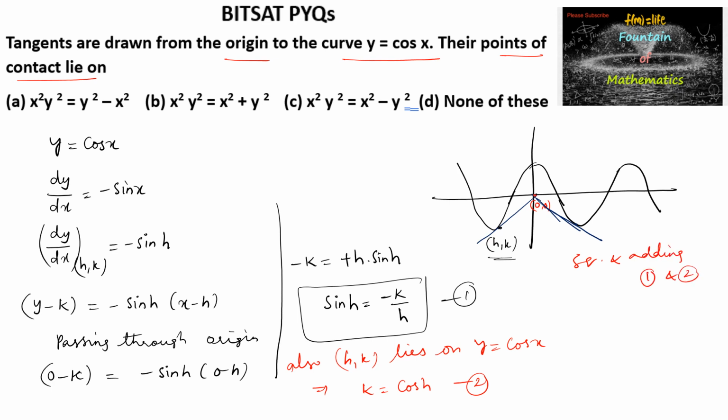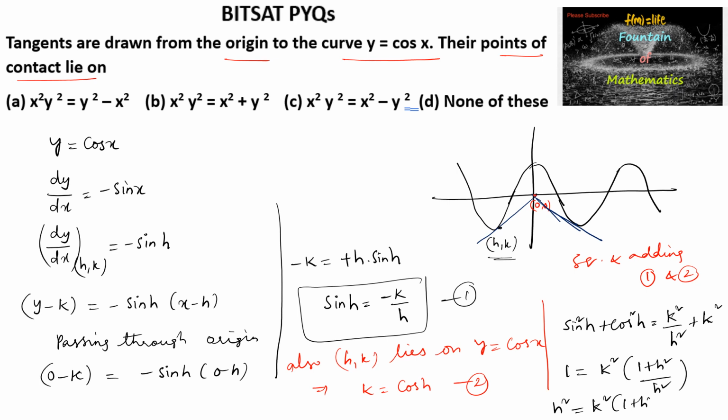Now squaring and adding 1 and 2, we get sin square h plus cos square h is equal to k square by h square plus k square, that is 1 is equal to k square of 1 plus h square upon h square, or we can write h square is equal to k square into 1 plus h square, or we can simplify and write h square is equal to k square plus k square h square, or h square minus k square is equal to k square h square.